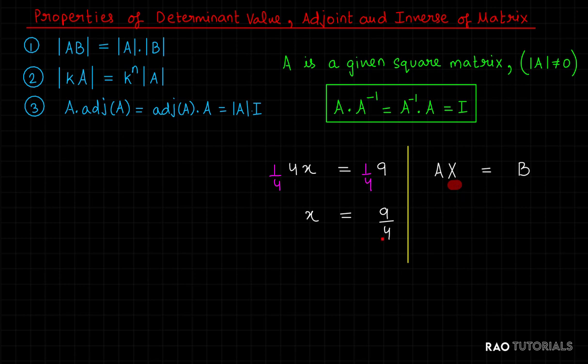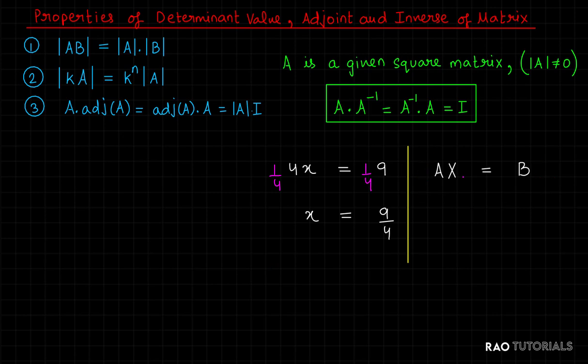Suppose we want to find x, then we multiply A inverse on both sides. Note that this multiplication is called pre-multiplication on both sides, and this multiplication is called post-multiplication on both sides. We cannot pre-multiply on one side and post-multiply on the other side because matrix multiplication is not commutative.